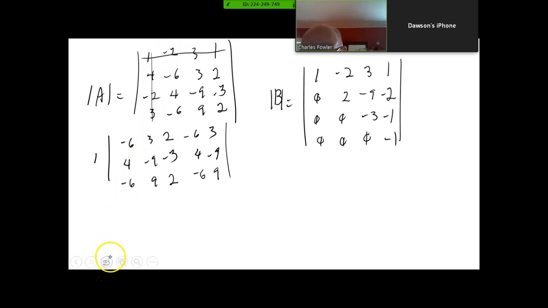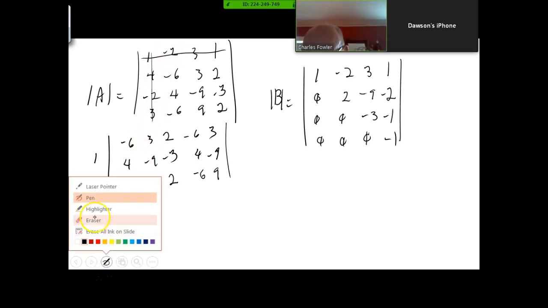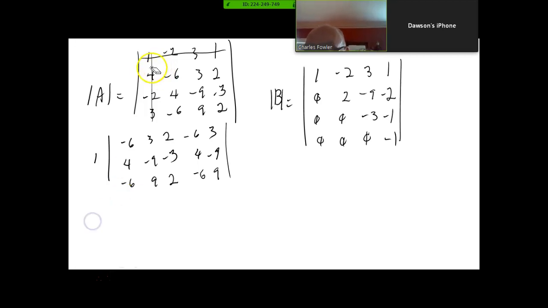Then let's go to the second column in that row. So I'm going to erase this one, and we'll wipe out this one, okay? Now, we're going to be using that -2. What's the sign of that position?